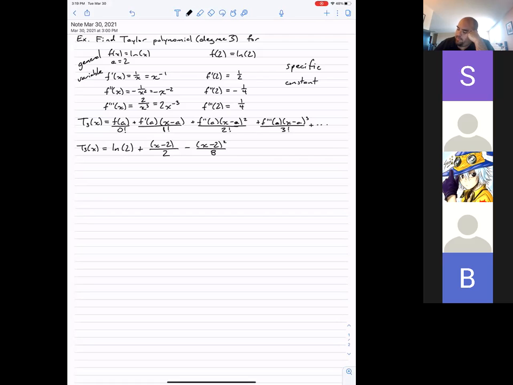Yep, so there's your third term, and the last term is going to be basically 1/4 divided by 6. So that's going to be plus x minus 2 cubed over 24.